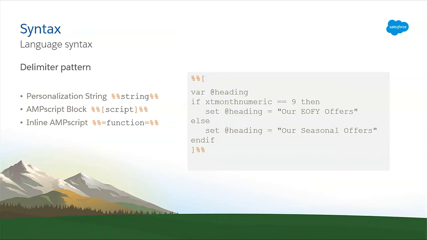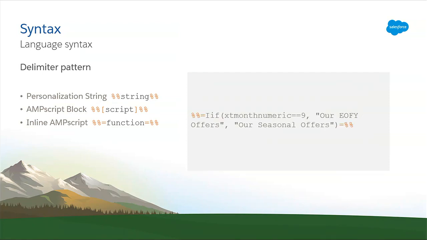However, inline AMPscript provides a very convenient method for interpreting and executing code within a message context. Let's take a look at an example. Here I've got some inline code, and I'm using an IIF AMPscript function. The IIF function is identical to Excel's IF function, although it's named something different, because IF is a reserved keyword for an if statement.